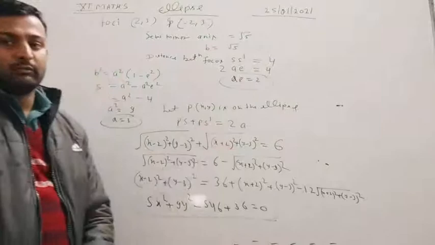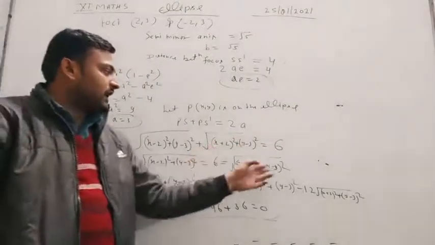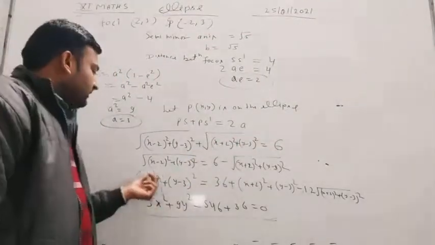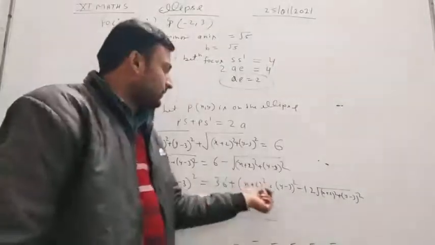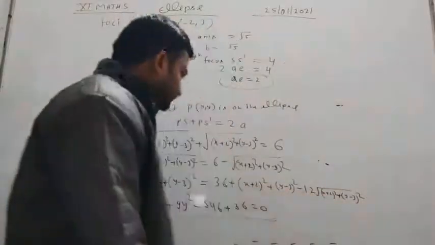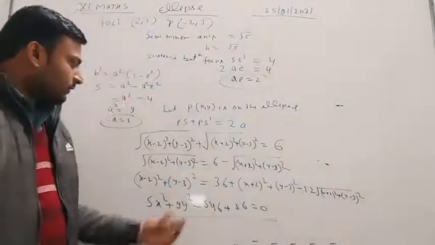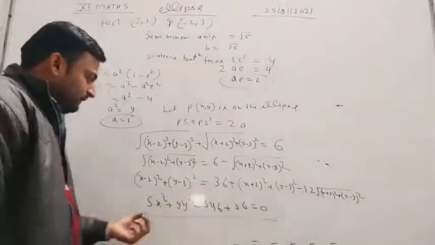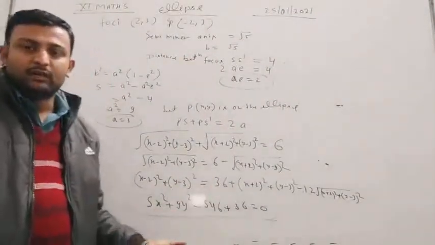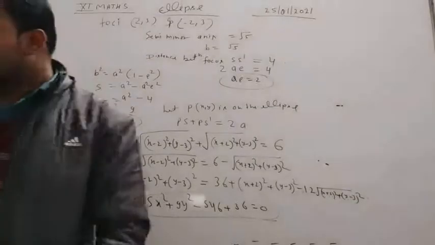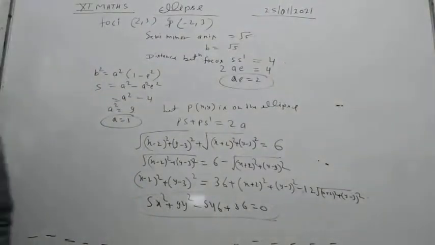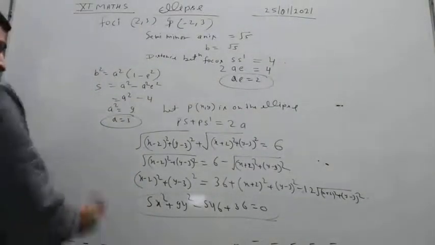We send this to the other side and square both sides, and we get a square plus b square minus 2ab. Now when we further solve it and cancel terms, we get the equation of the ellipse. Okay, I hope you understand students. Now we take another question.